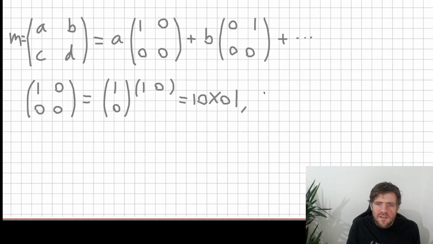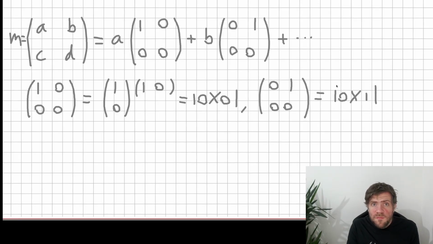And the next one, the one for B, 0, 1, 0, 0, can be written as the outer product of 0 with 1, and so on. So this just proves something that we've already really been using, which is that you can always write a matrix out in terms of outer products.